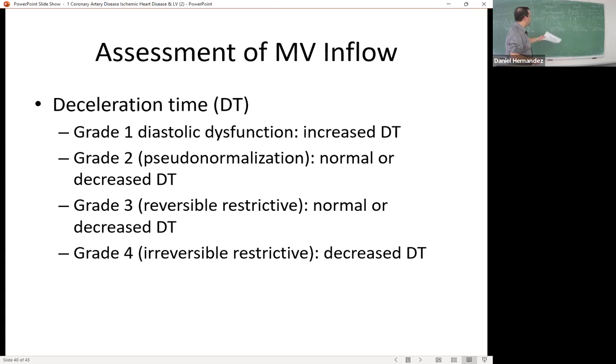So when we have the patient Valsalva, this is still mitral inflow, and with Valsalva we have a reduction in the amplitude of the E and A wave, but the relationship between the two stays the same.